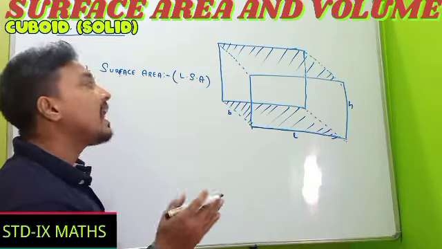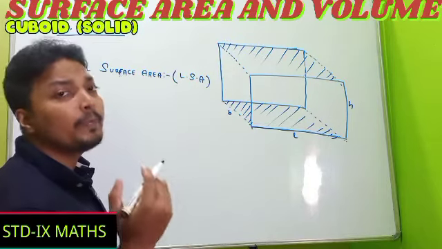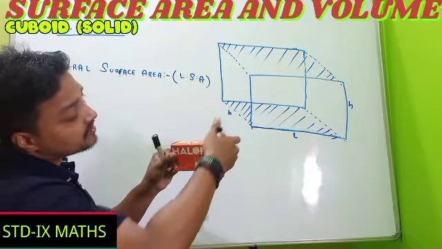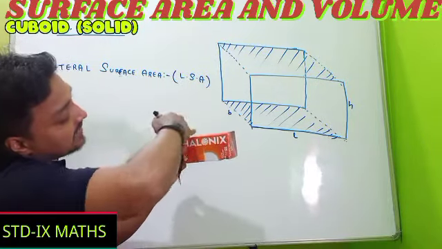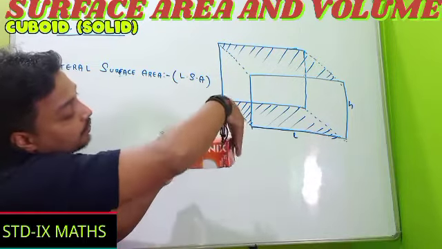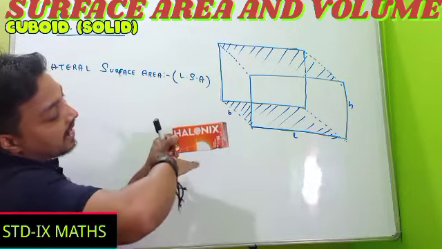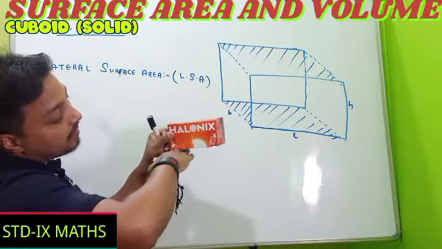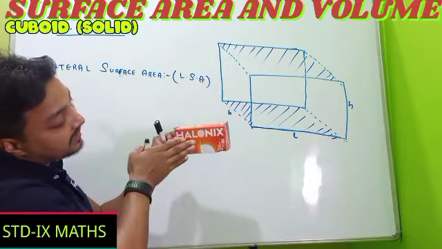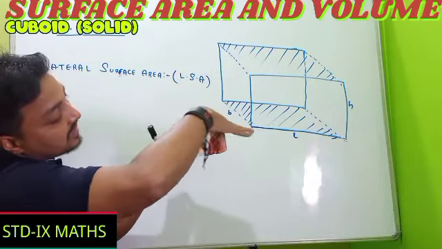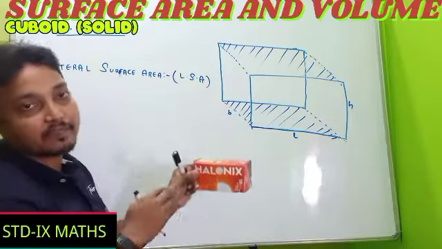Firstly I made you understand what you mean by lateral surface. Lateral surface means the surfaces which are around the base, the base is here, and the top is here. Around this, those surfaces are called our lateral surface.